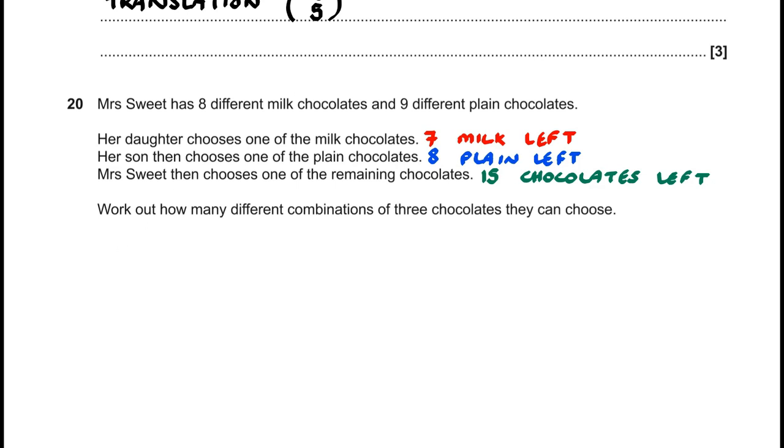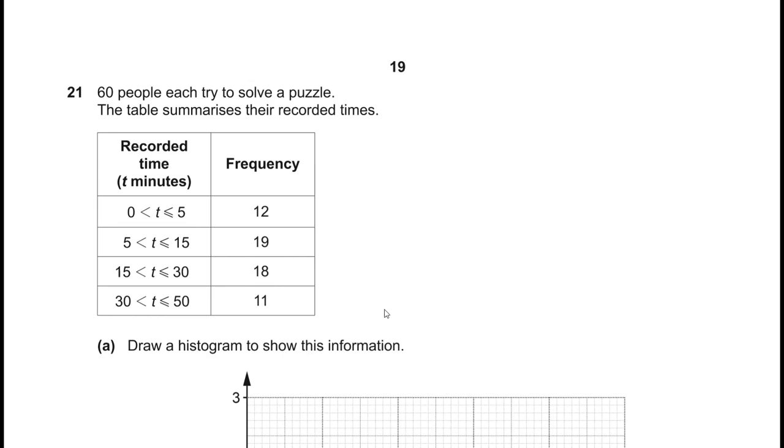So for the number of combinations, we would have 7 multiplied by 8 multiplied by 15. If we work this out, we have 1080 combinations.